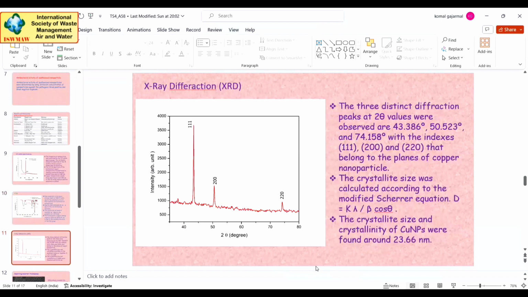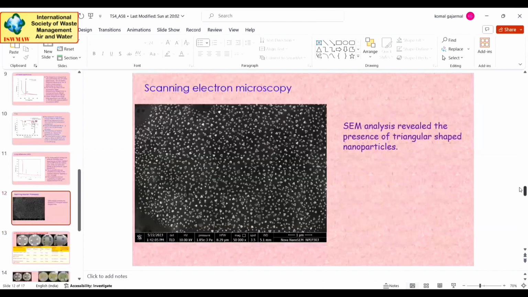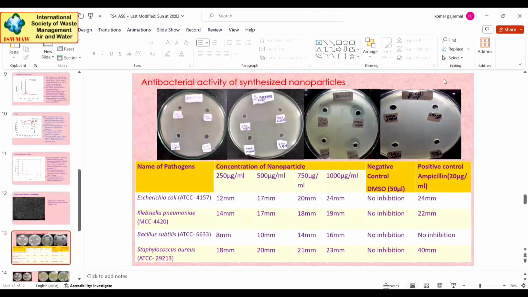From that observation, it is found that the synthesized copper nanoparticles have a size of around 23.66 nanometer. Here is the image of scanning electron microscopy, which shows that the synthesized nanoparticles are triangular in shape. Here the result of antibacterial activity, which is carried out against gram-positive and gram-negative organisms.